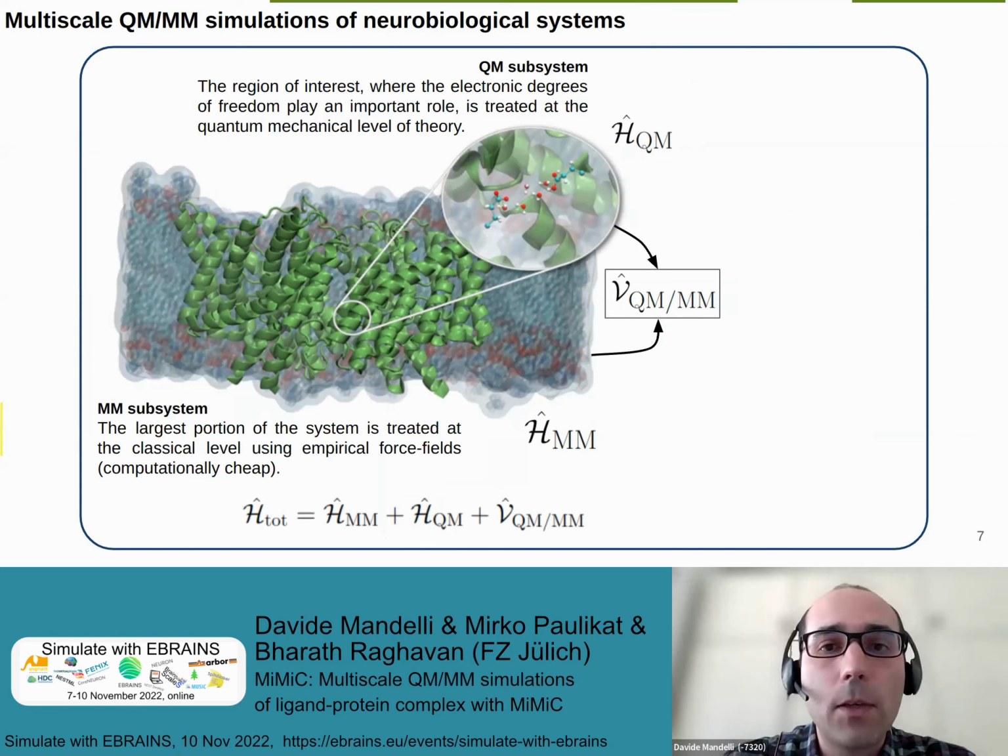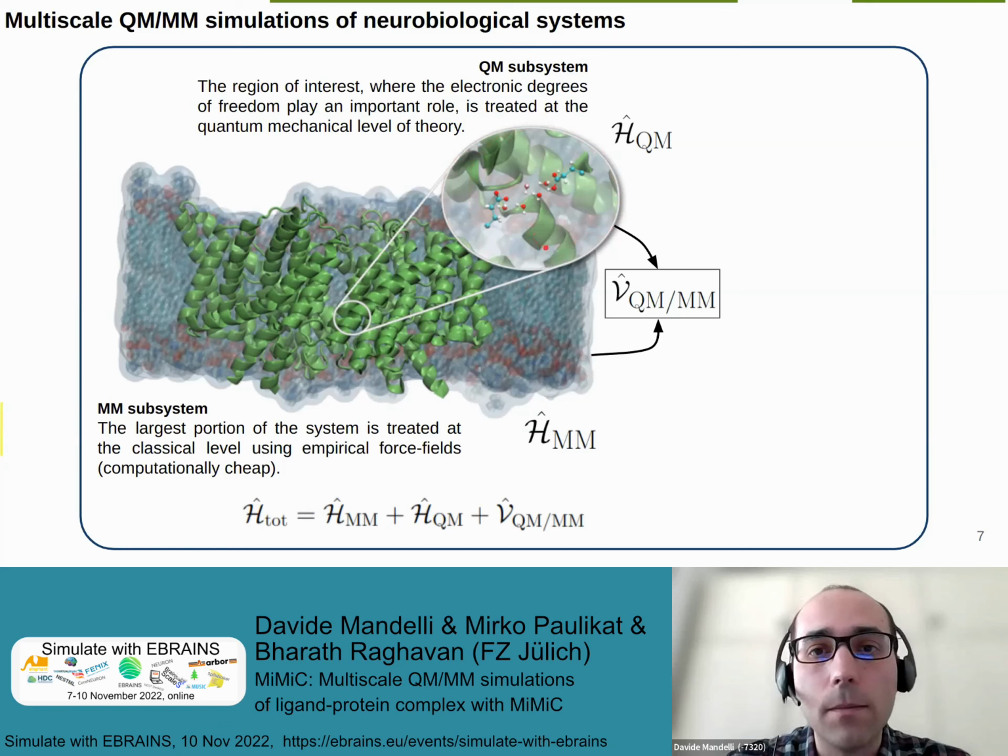So in QM/MM, one divides the simulation box into two parts: the quantum mechanical subsystem that includes all the atoms of the system where the physics we are interested in describing at the QM accuracy are present.